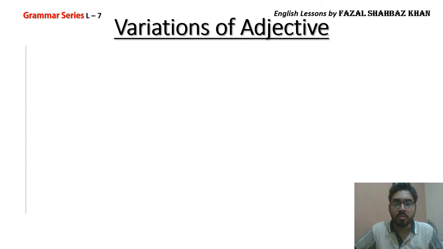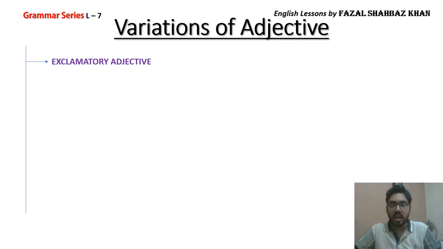So on your screen now, the first of which is exclamatory adjective, majorly a combination of both demonstrative and interrogative adjective. The second is indefinite adjective, again a contrast of demonstrative adjective, in other words, also known as definite adjective.